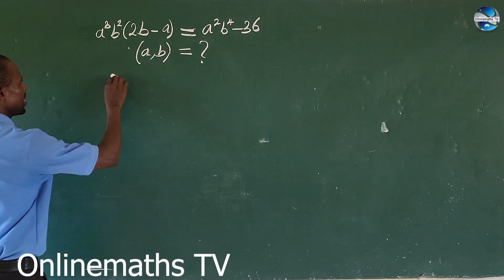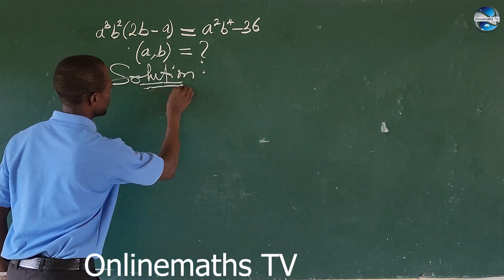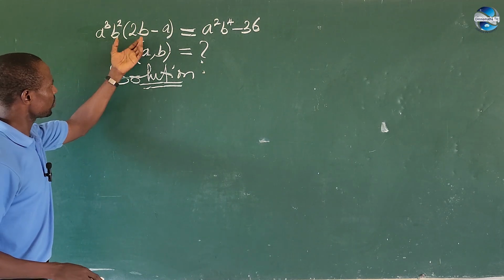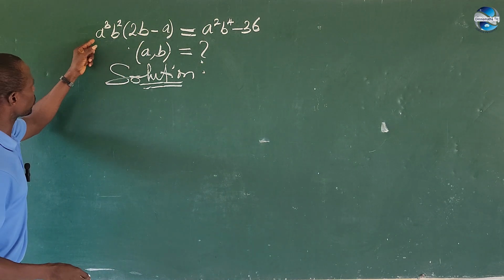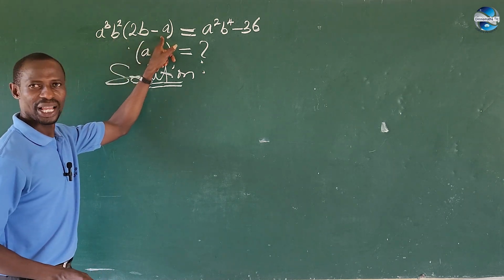So we take the first thing first, which is our solution. No need writing this question first. The number one thing I'm going to do is use this quantity outside to open everything inside the bracket.